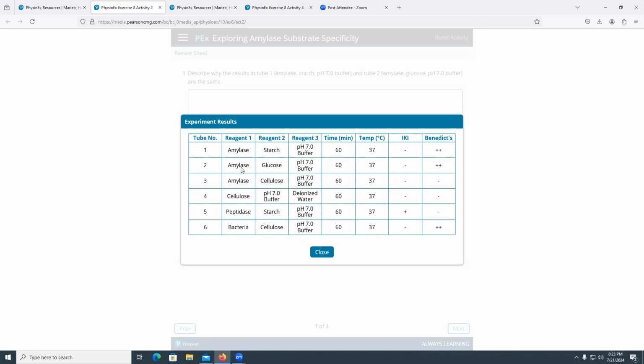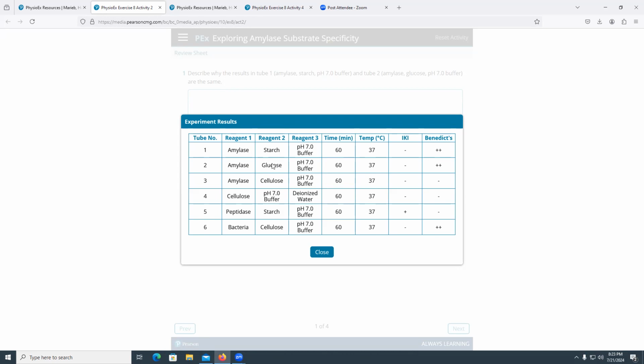But for 2, I have amylase that did not do anything because there are no reactant polymers. We only have products. So Benedict will never know whether the glucose it's detecting was a product of amylase breaking down starch.